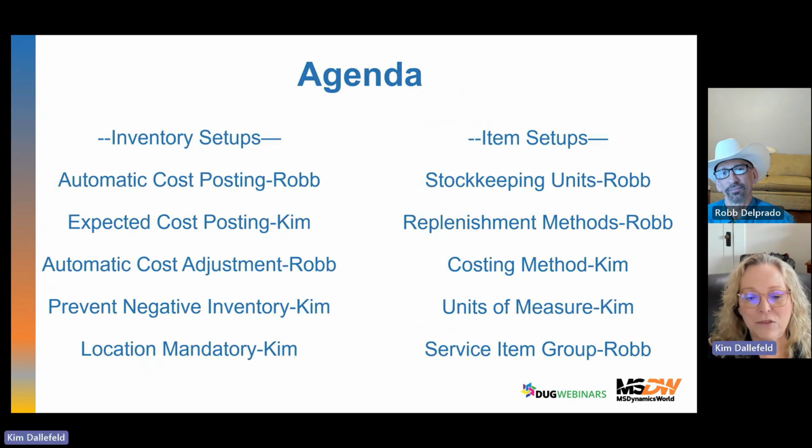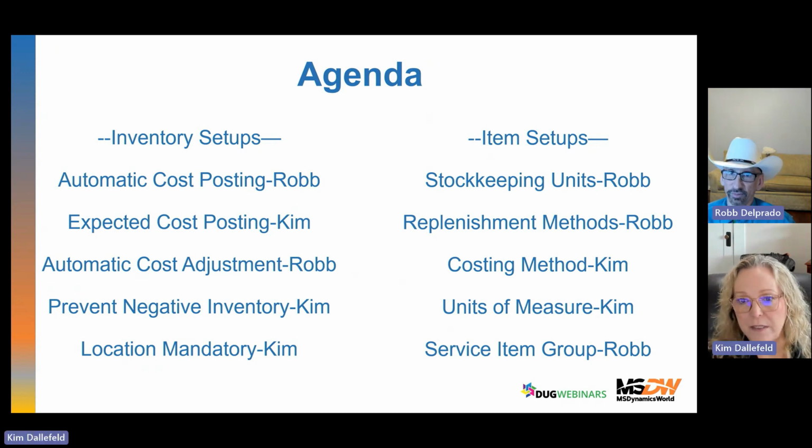So, Robb, I think there's inventory setups overall, and then there's some more item specific things that we can talk about. Absolutely. Under inventory setups, we've got the automatic cost posting, the expected cost posting, the automatic cost adjustment, the prevent negative inventory, and location mandatory.